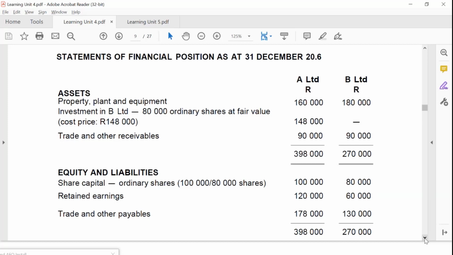As you look at the statement of financial position, is there any value that you're going to eliminate when you are preparing the consolidated financial statements?